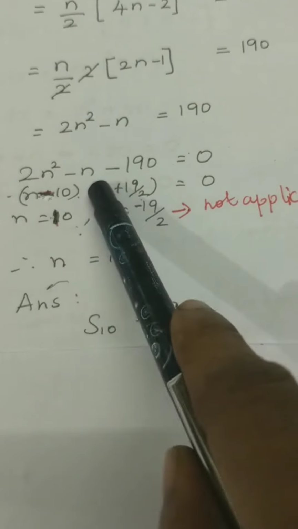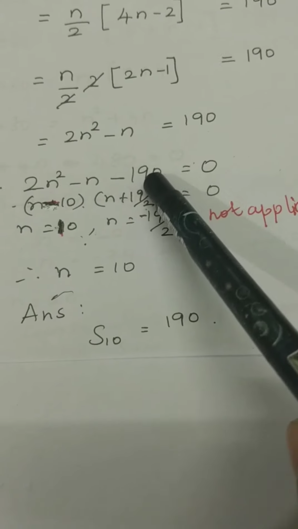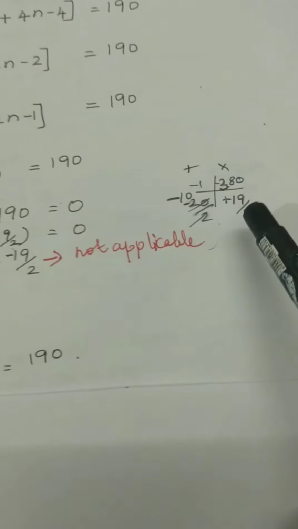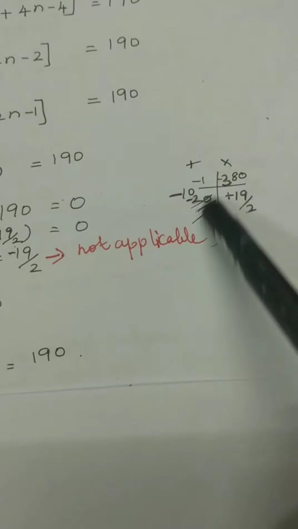This is the equation. If we have an equation like this, we have to find the value of n using the product-sum method. So 190 into 2 is 380. If you multiply, minus 380 must come, and if you add, it must come minus 1.